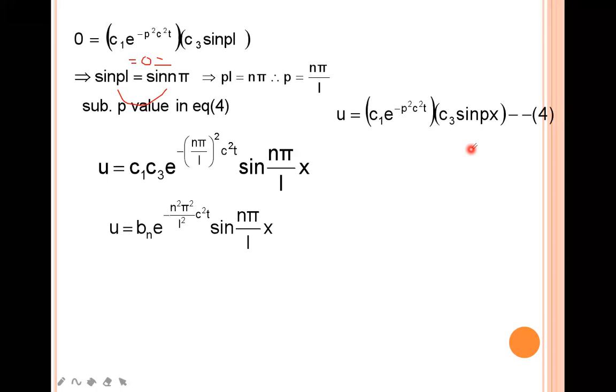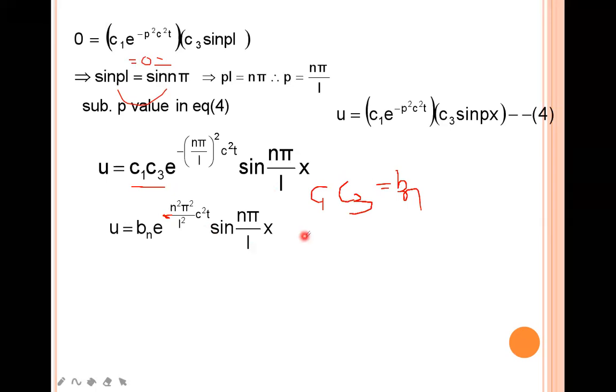Now we assume the product c1 c3 equal to some bn. Now u equal to bn e raised to minus n square pi square by L square into c square t sin (n pi by L) x.